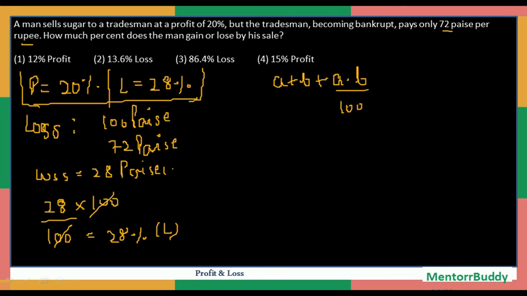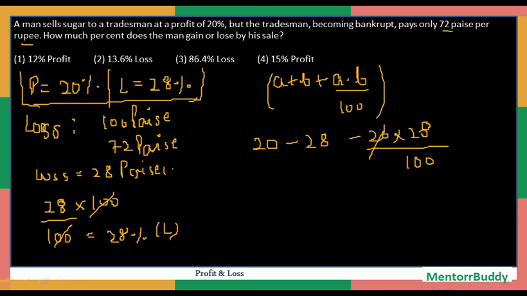Now framing the values, that will become 20, and 28 is a loss, so that will be minus 28, minus 20 into 28 by 100. Solving this, 20 by 100 becomes one-fifth, and 28 times that becomes 5.6.